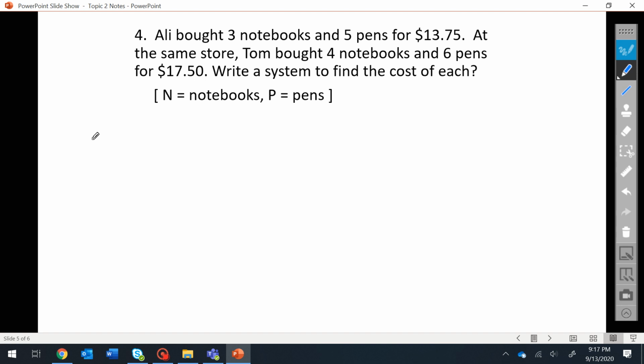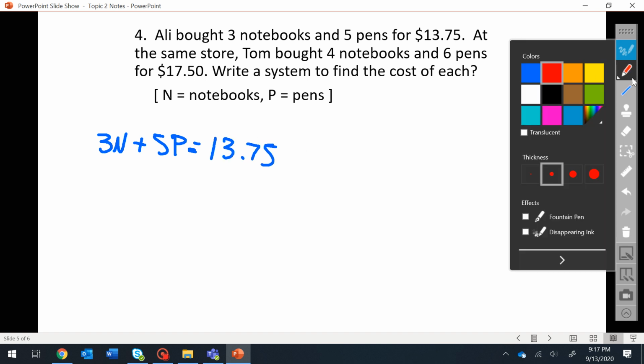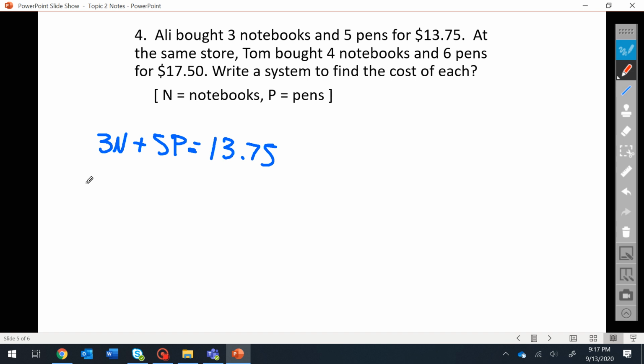So Ali had 3 notebooks plus 5 pens, and that cost her $13.75. And then Tom bought 4 notebooks and 6 pens, and that cost him $17.50.